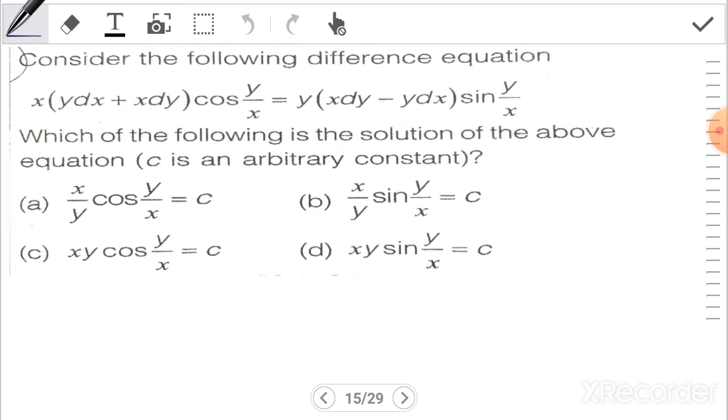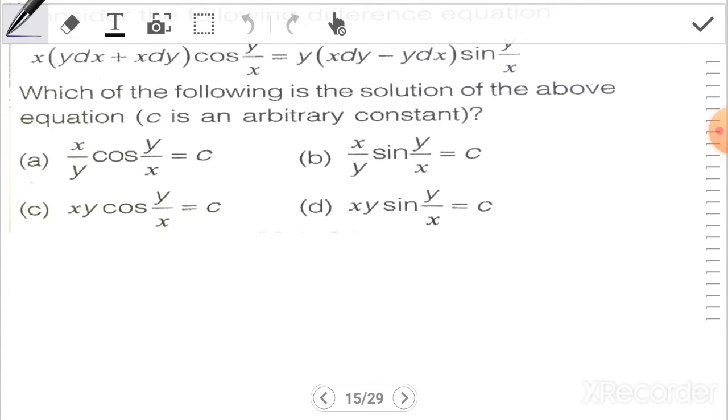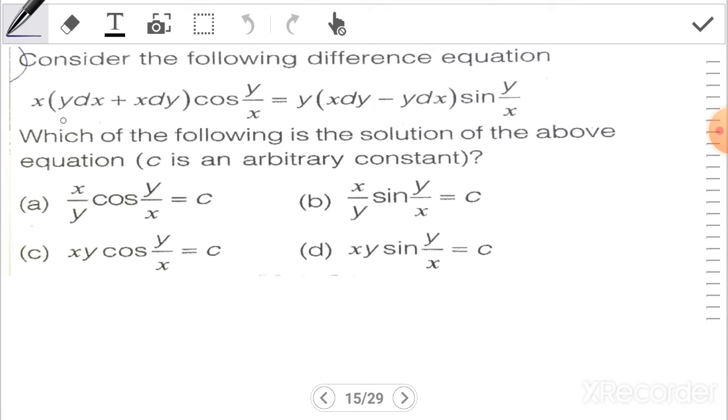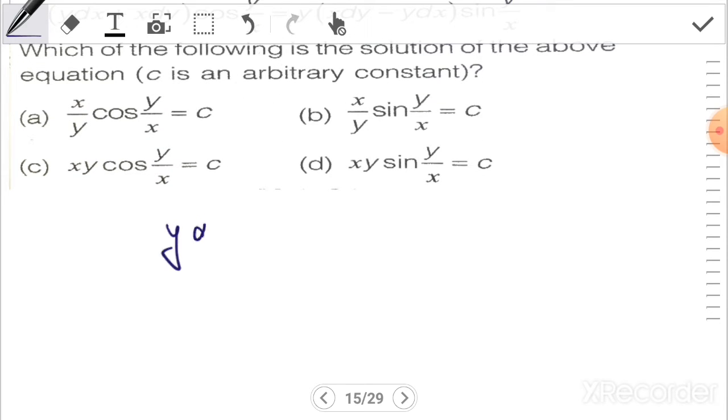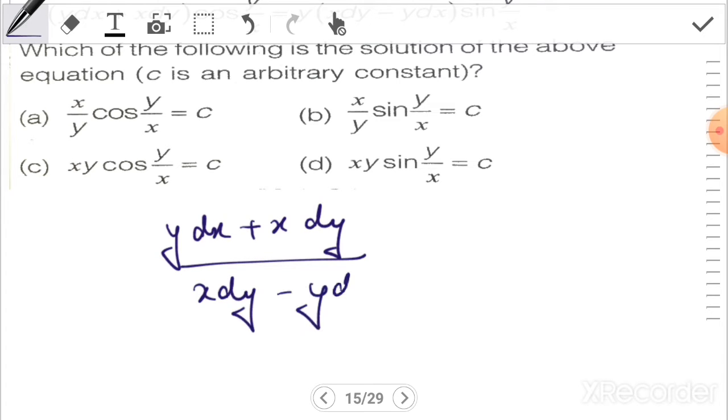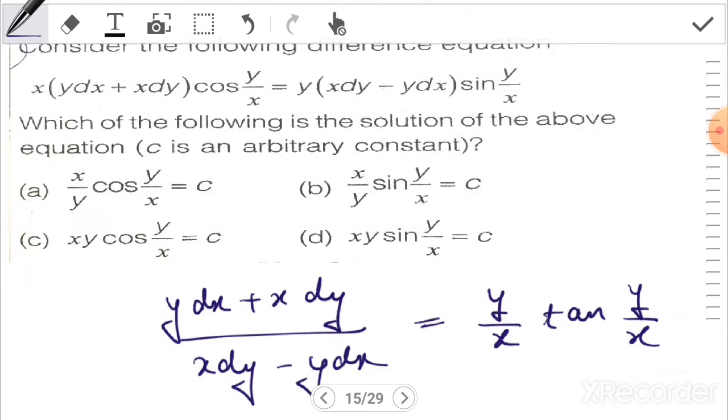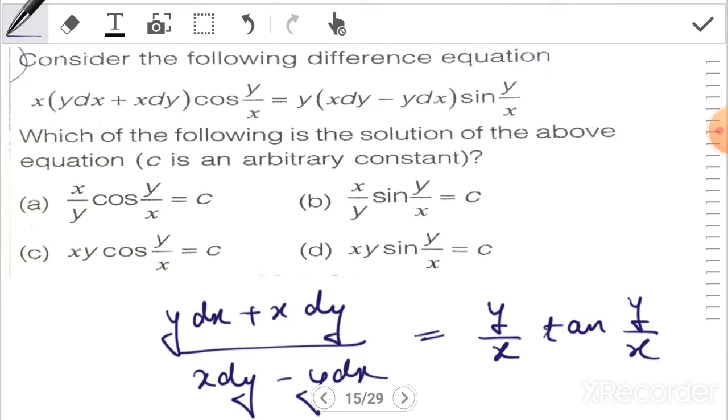Consider the following difference equation. Which of the following is the solution of the above equation? Okay, C is an arbitrary constant. Let us take this on the left hand side and this on the right hand side, right? So (y dx plus x dy) by (x dy minus y dx) is equal to y by x tan of y by x. Right? Now this is clearly a homogeneous function.